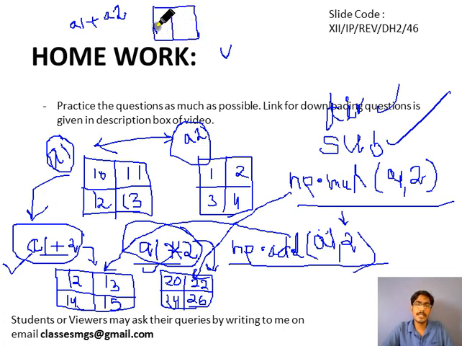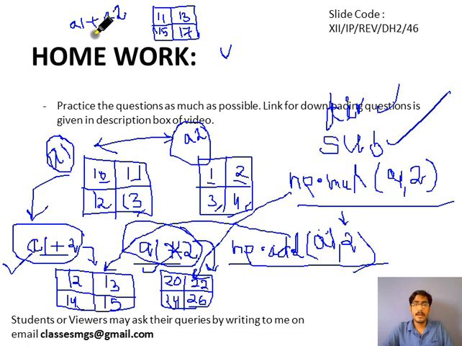So in this case, index by index addition is performed. First 10 and 1 will be added and 11 will be shown here. Then 11 plus 2 is 13, then 12 plus 3 is 15. Then we will see 13 plus 4 is 17. So this way you can add.